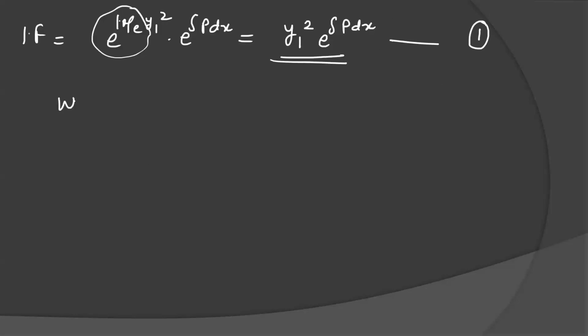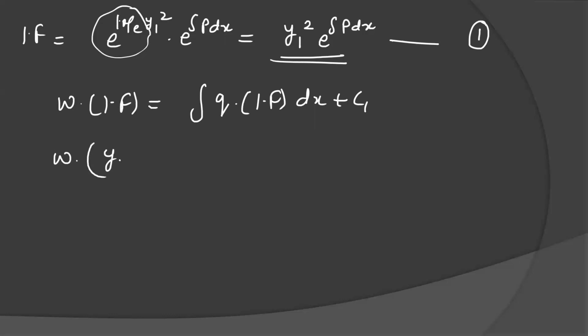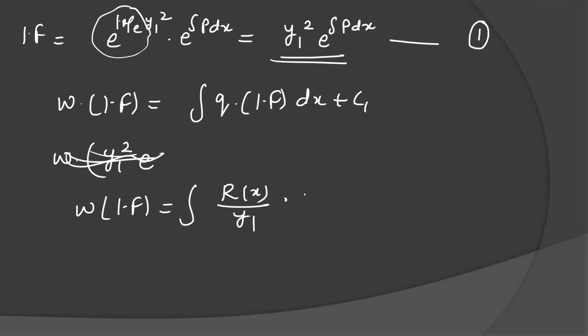And now w into integrating factor is equal to Q into integrating factor dx plus c1. So w into integrating factor is y1 square e to the power p dx, or you can directly write here, no worry to write every term, integrating factor is equal to, what is Q, Q is rx over y1, into integrating factor dx plus c1.